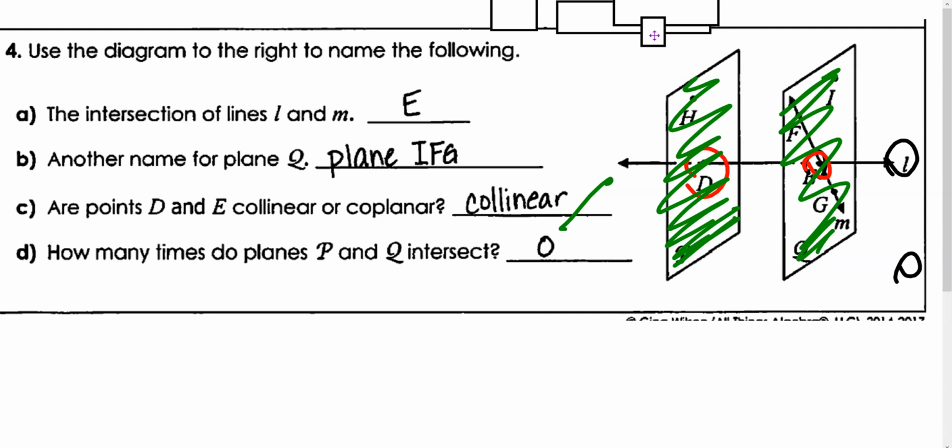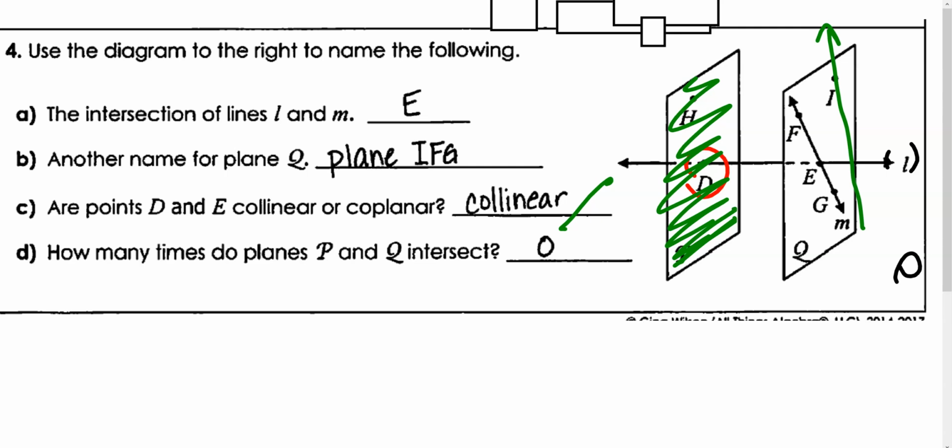Now, it's a little bit of a trick question, because as long as these 2 planes are parallel, meaning they run right next to each other, they don't intersect. But let's say, for instance, that plane Q, this plane right here, is slightly tilted, just the smallest amount.